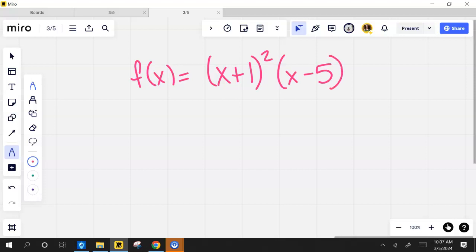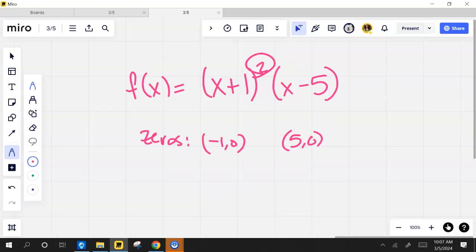What are the zeros? -1 and 5. What about this, though? What about that, too? So it's right. It's what we call a repeated solution, okay?